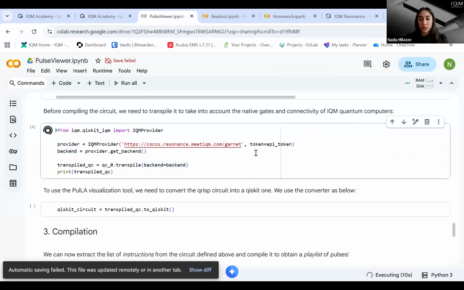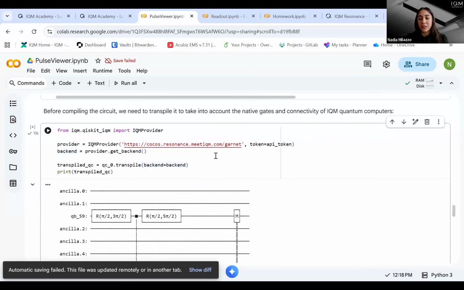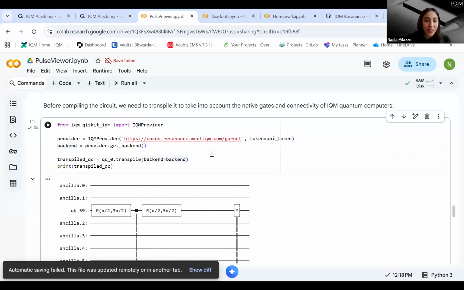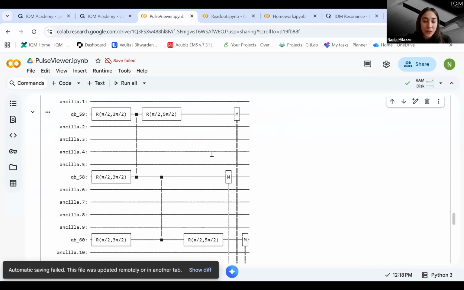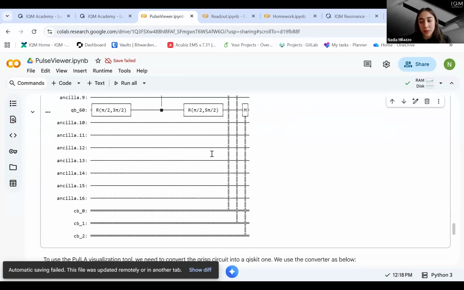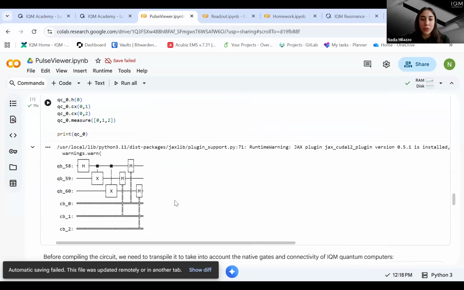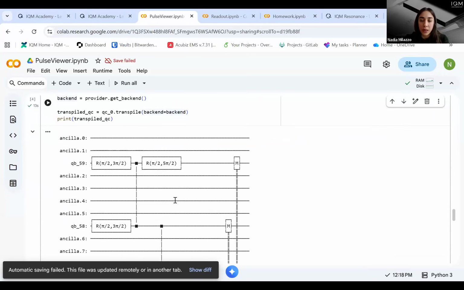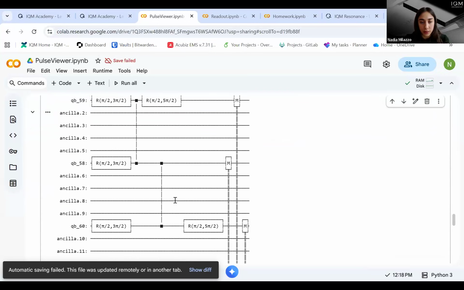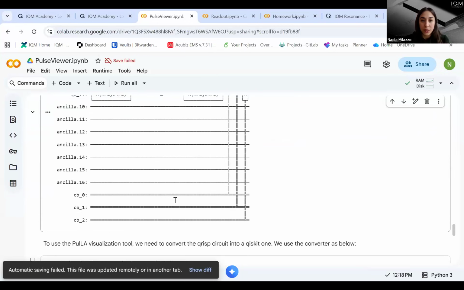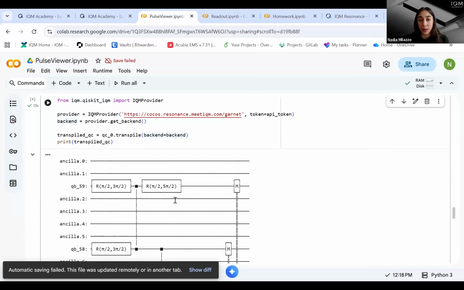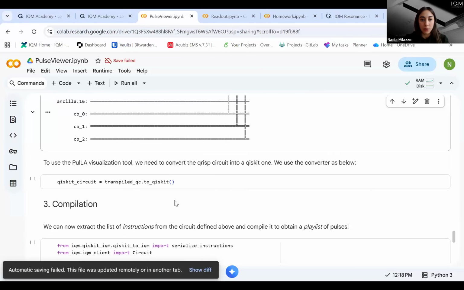It's taking some time, but hopefully it's smoothly running. Okay, so you see here that the circuit was quite simple, so we do not have that many operations or gates in the circuit, but now we see all the qubits in the QPU involved after transpilation.